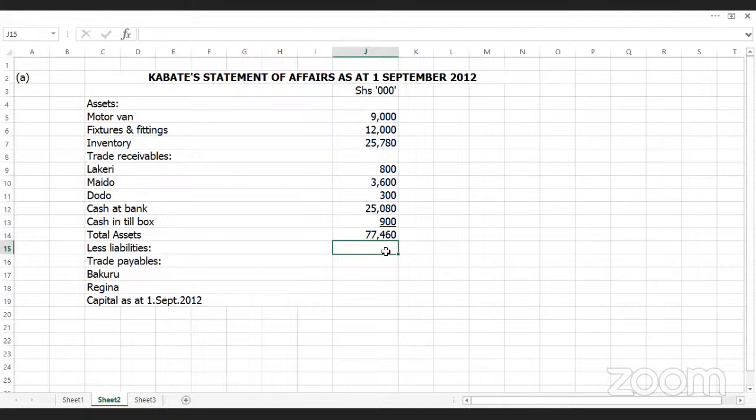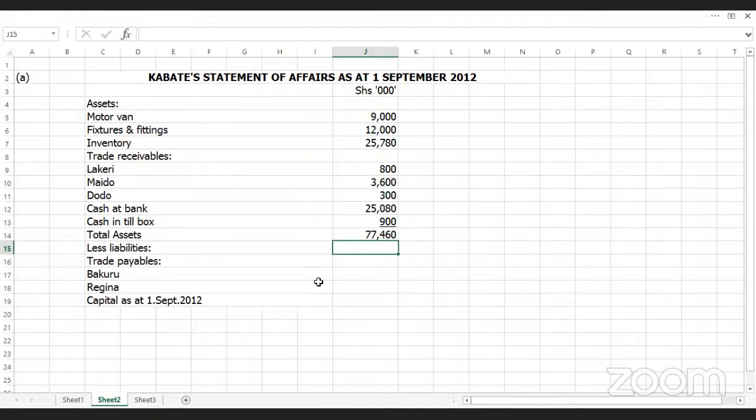Please confirm whether it's what you have on your side. Yes, 77,460. That is the total assets figure.